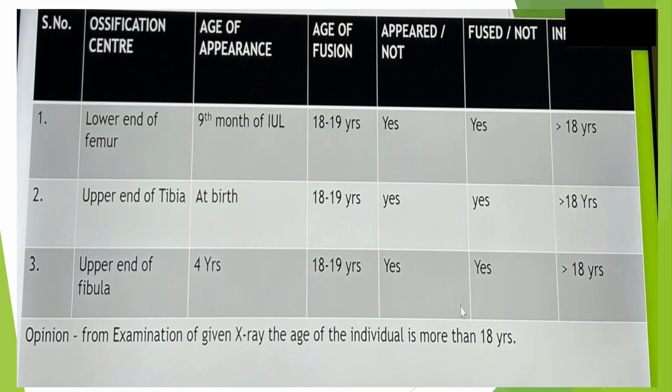So if it has appeared and it has fused, the age will be more than 18. Similarly, the upper end of tibia has appeared and fused, so the age will be more than 18. Similarly, if the upper end of fibula has appeared and fused, the age will be more than 18.